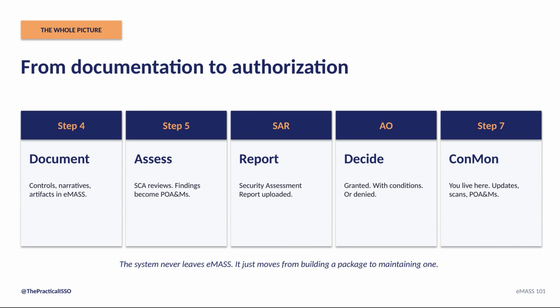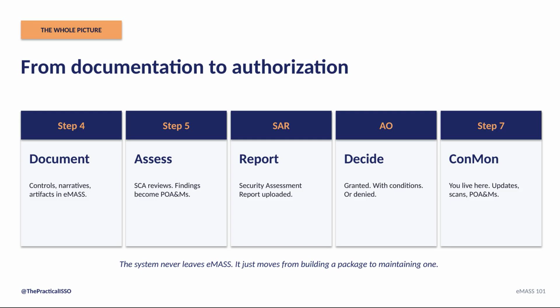The findings that don't pass become POA&Ms. When the assessment is complete, the SCA produces a Security Assessment Report, SAR, and uploads it to eMASS. Your ISSM reviews it. You finalize your POA&M with remediation plans for any open findings, and the package, SP, SAR, POA&M, gets submitted to your authorizing official.